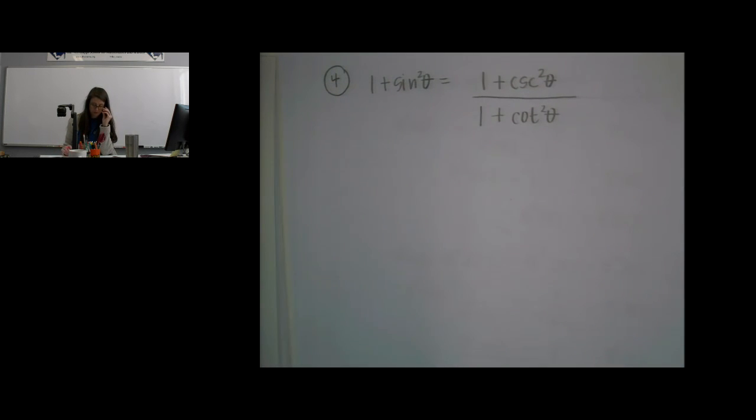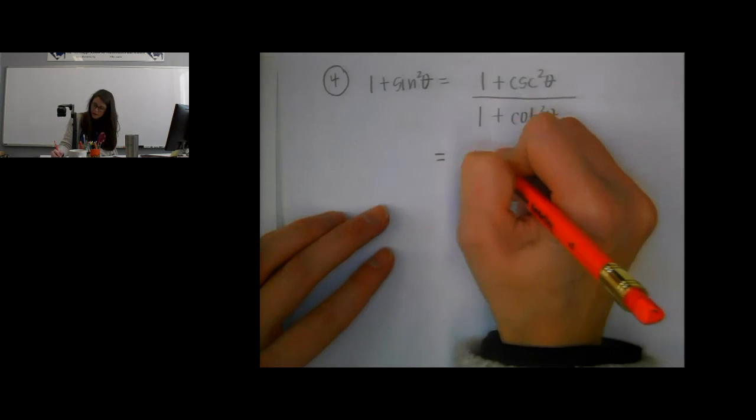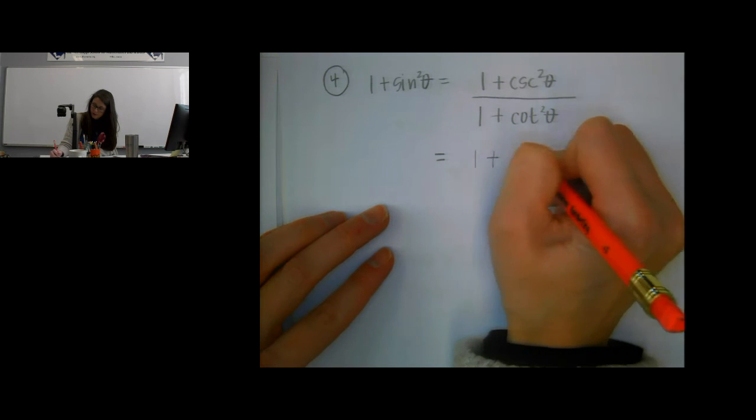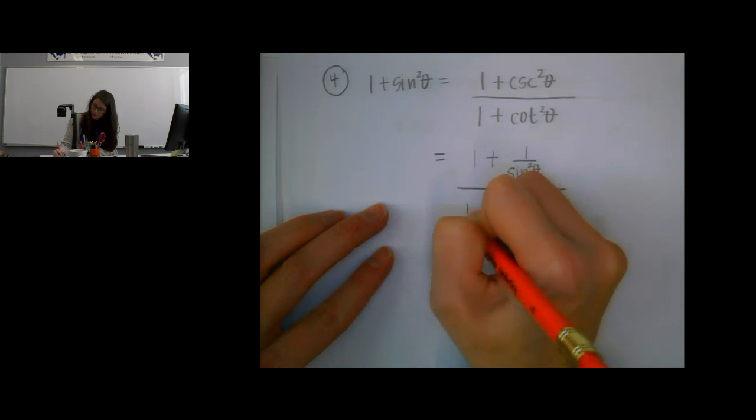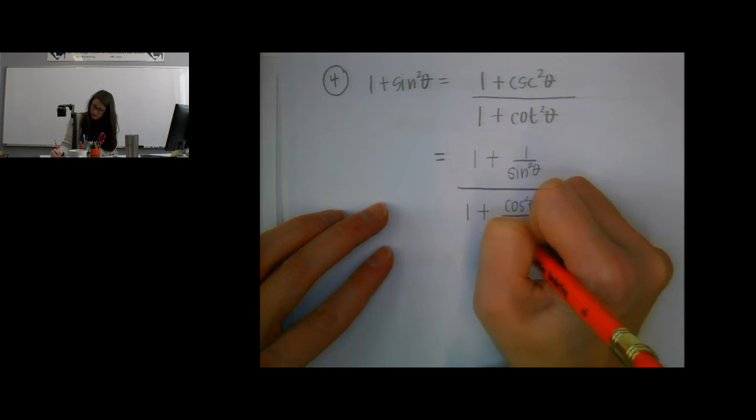So try this one. Okay, so cosecant squared is 1 plus 1 over sine squared theta. Cotangent squared is cosine squared over sine squared.